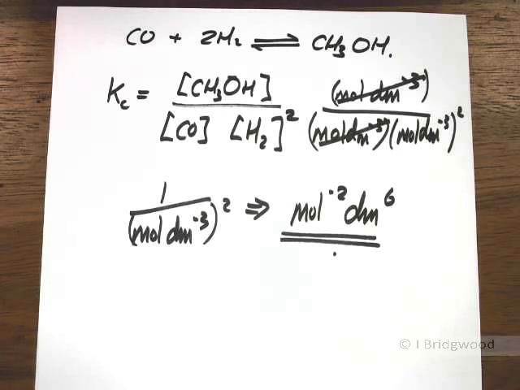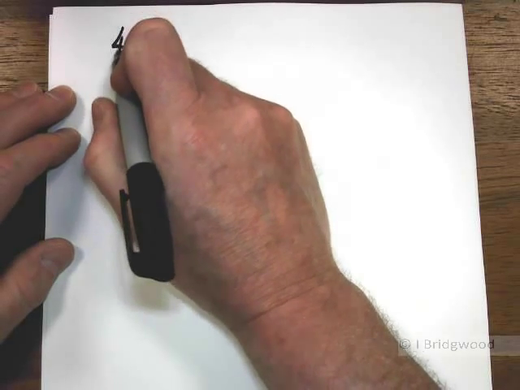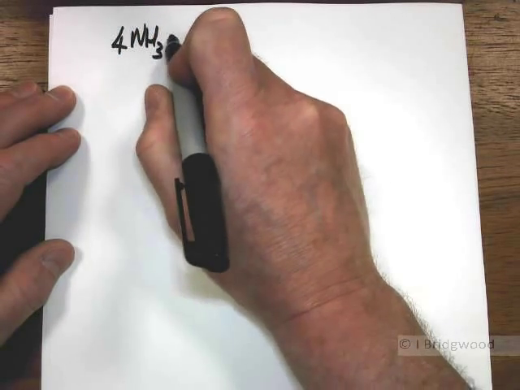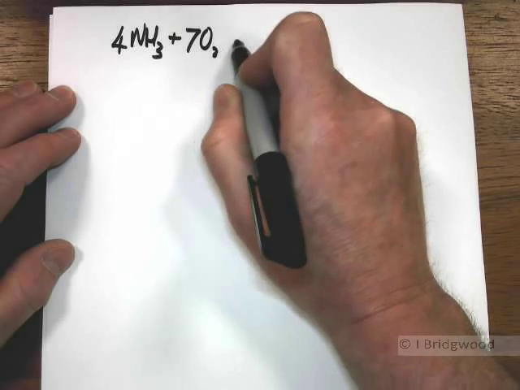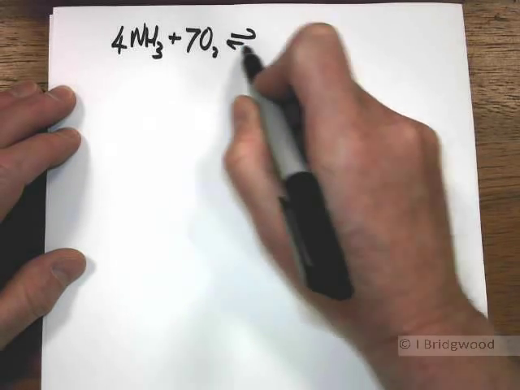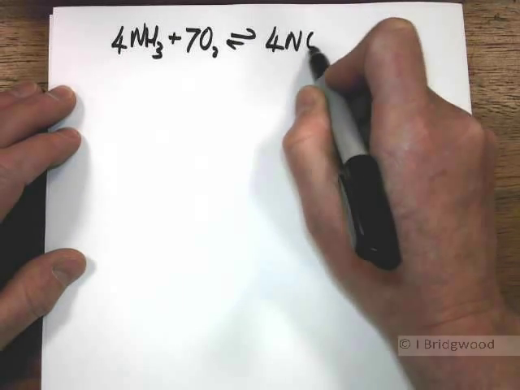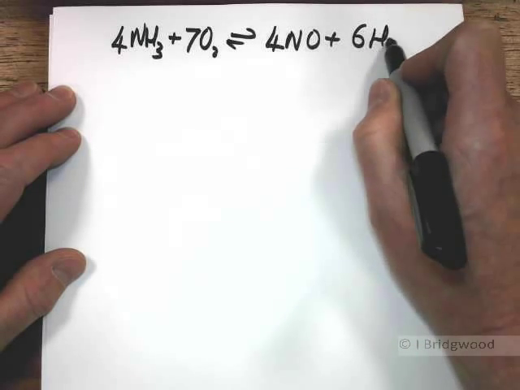Let's take another example, slightly more complex. Let's take 4NH3 plus 7O2 in equilibrium with 4NO plus 6H2O.